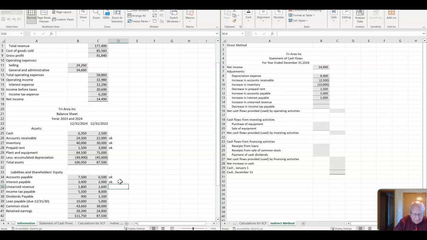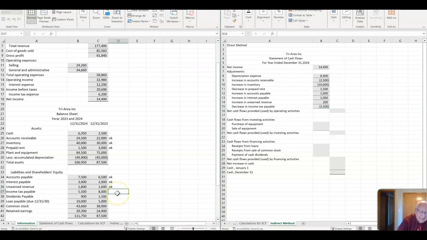Unearned revenue increased by $200, so that will be added. Income tax payable decreased by $2,500. Since it decreased, it means we paid money out, so that will be subtracted.